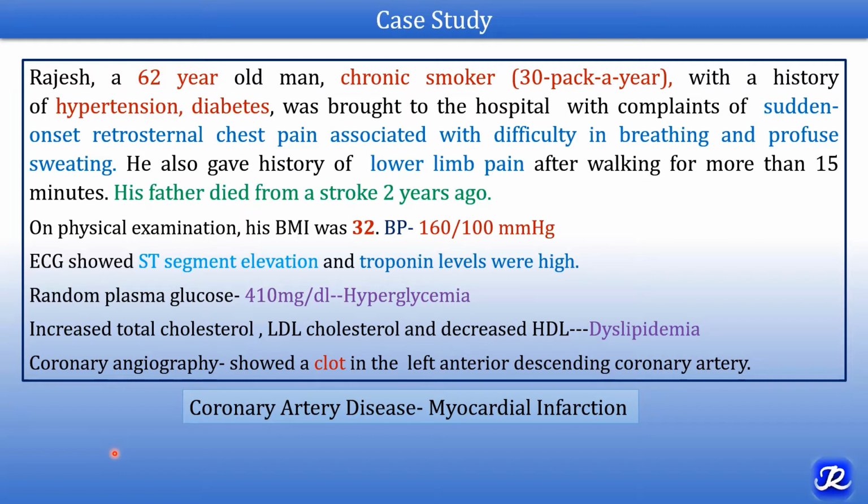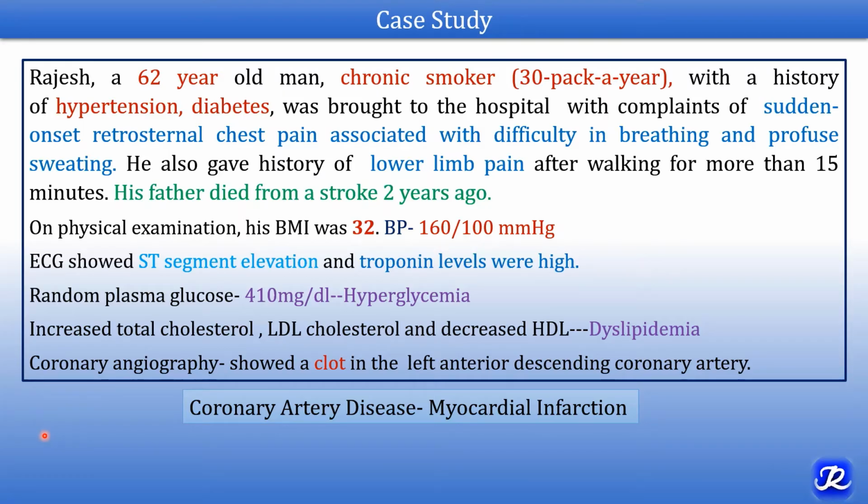He also has a family history of stroke, ST segment elevation, high troponin level, hyperglycemia, dyslipidemia, clot on the coronary angiography. So all these findings are pointing towards the diagnosis of coronary artery disease, that is myocardial infarction.